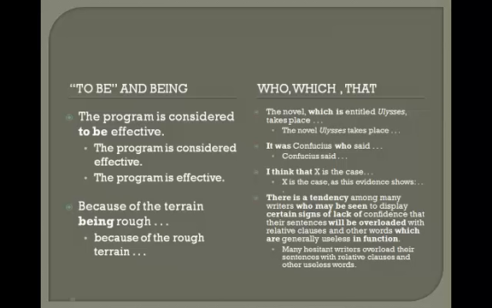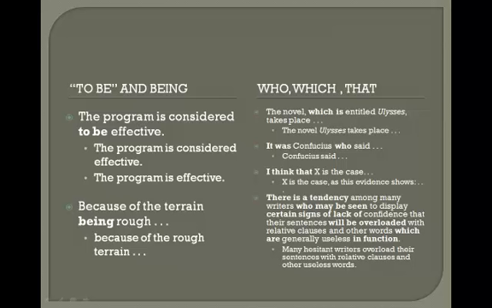You can watch out for to be. If you're using to be a lot, chances are those are often words that can be eliminated. And also, if you catch yourself using the words who, which, and that, obviously that doesn't mean that all the time you're going to be reducing words, but there are some examples there to show that these are often places where you can take out entire clauses.